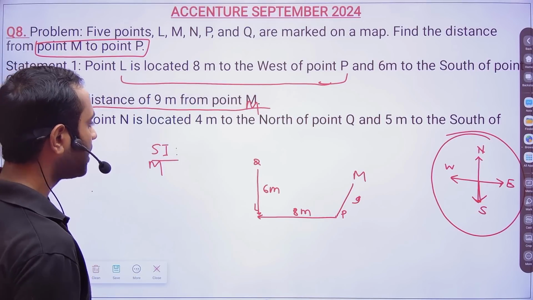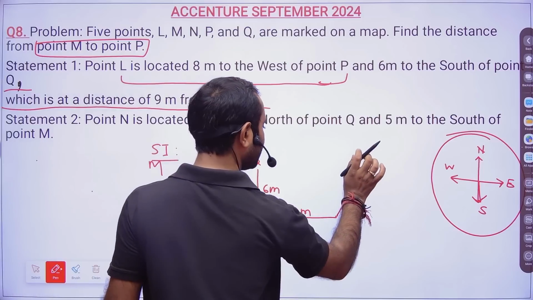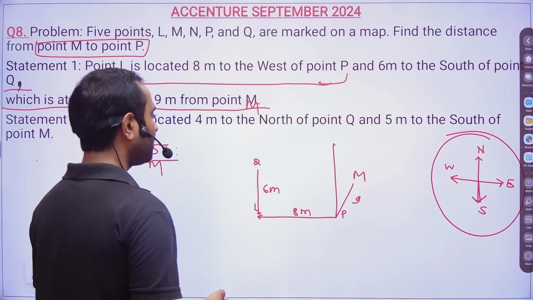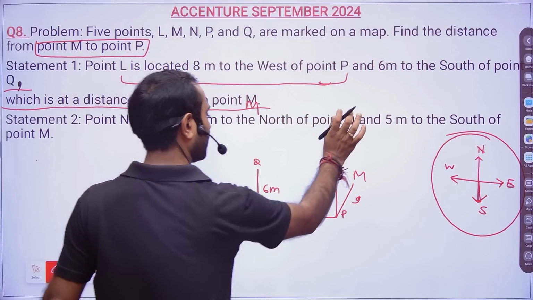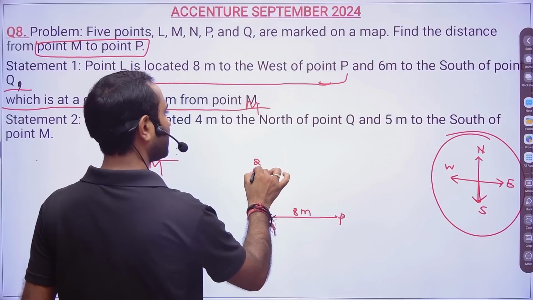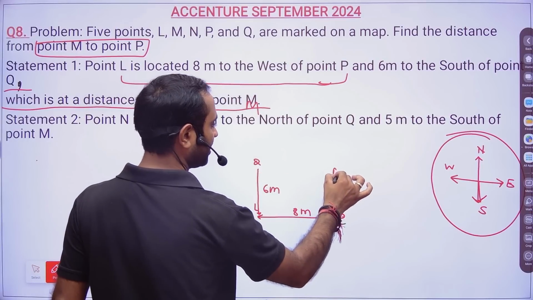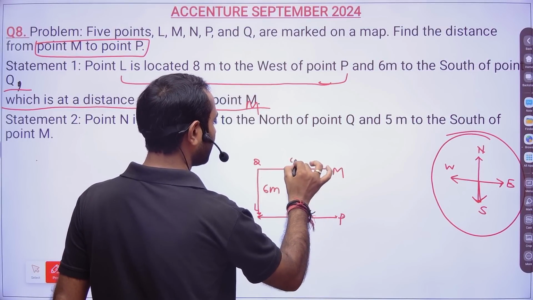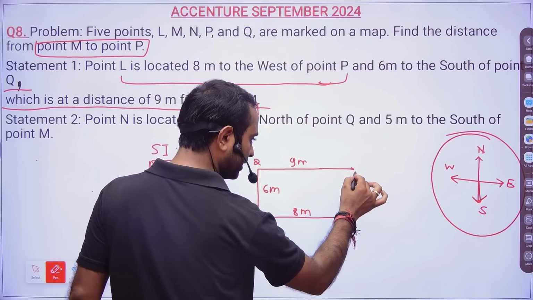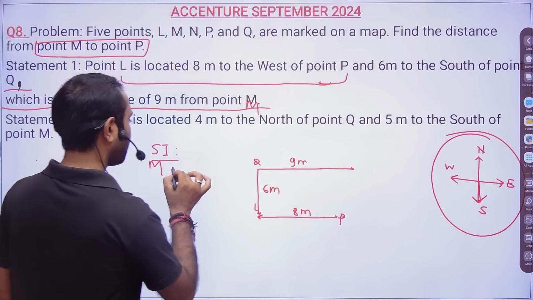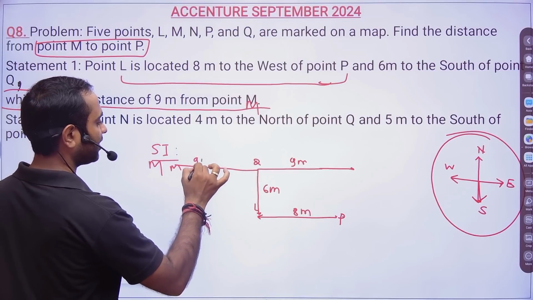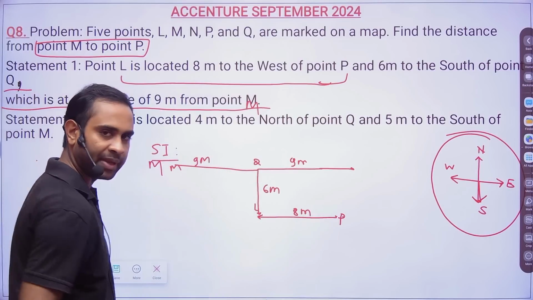Now friends, if it is 9 meters here, then the distance will be different. So point Q is 9 meters away, and this is my P. If M is here, this is 9 meters, and then the distance between P and M will be different.